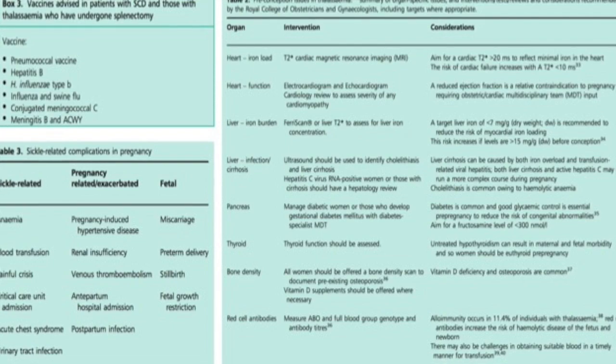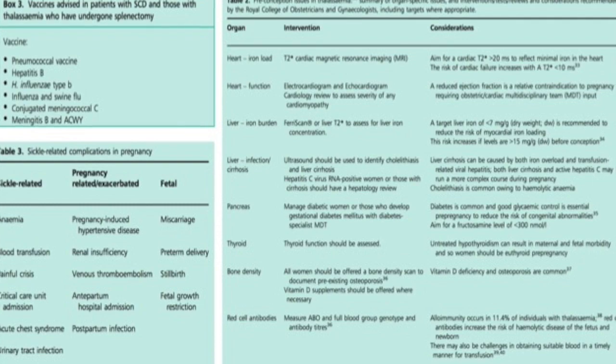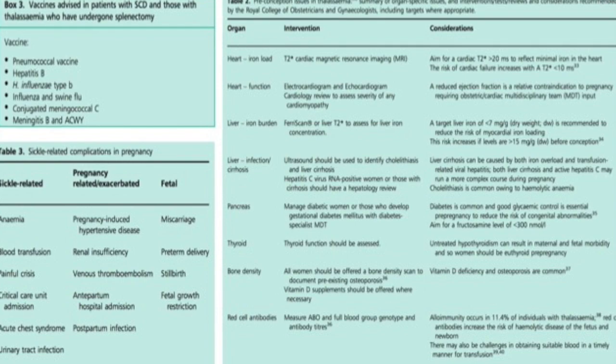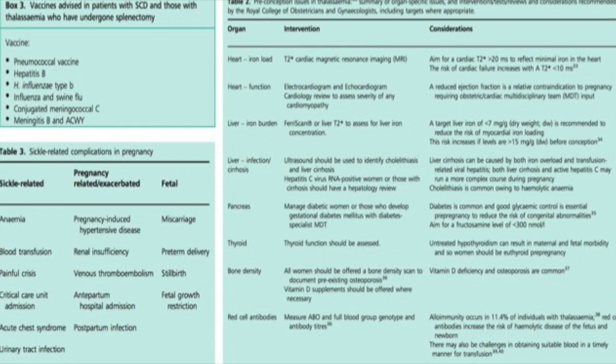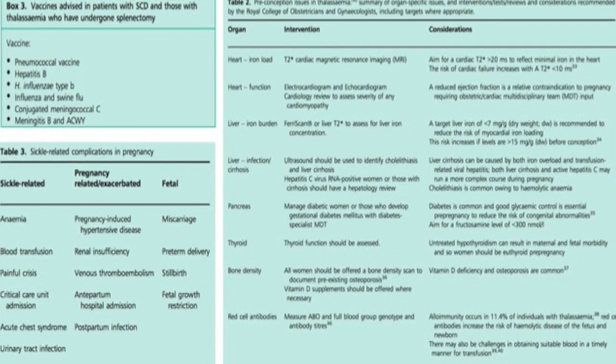Painful crisis, venous thromboembolism for the pregnancy, stillbirth for the fetus. Critical care unit admission, antepartum hospital admission, and can lead to fetal growth restriction. Acute chest syndrome can lead to postpartum infection, and urinary tract infections can also be exacerbated with sickle cell disease.